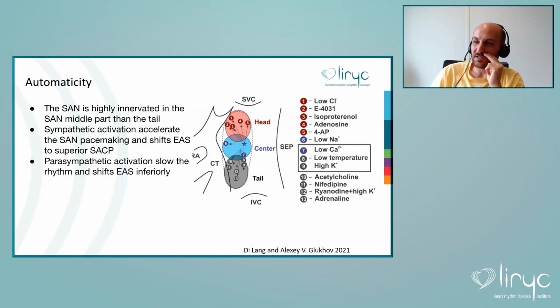Not all of this paper is regarding humans, but some of these changes are for rabbits and canines. But for example, for adenosine, the data shows that when you apply adenosine, it goes up in the SA node, and with acetylcholine, it goes down. But the data for adrenaline, as I understood, is for the rabbit.